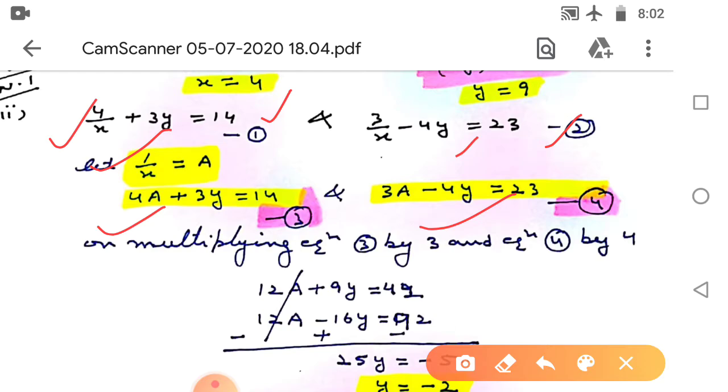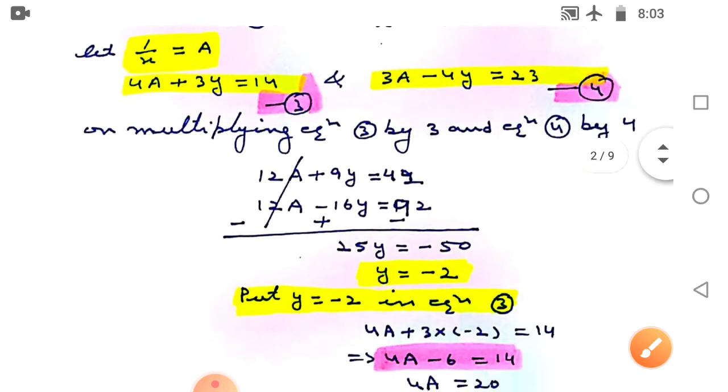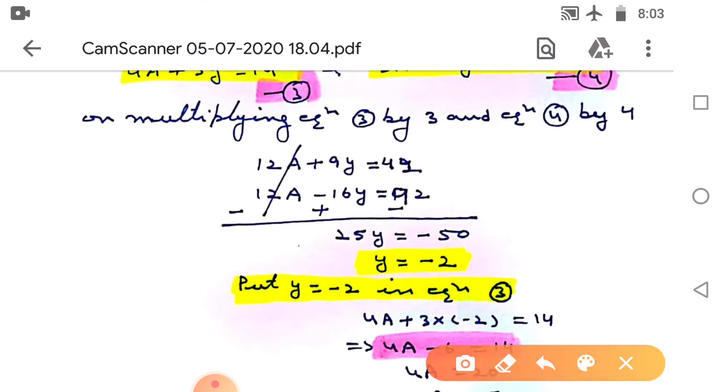Now equating the coefficient, you have to multiply equation 3 by 3 and equation 4 by 4. Now 12a plus 9y is equal to 42, and 12a minus 16y is equal to 92.